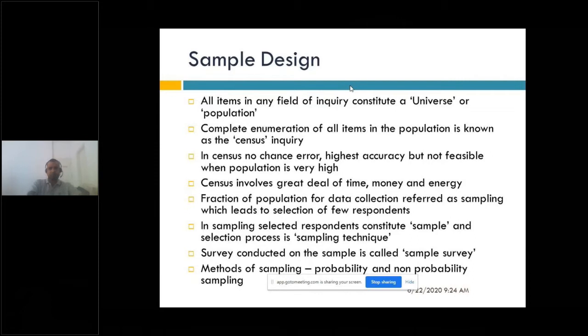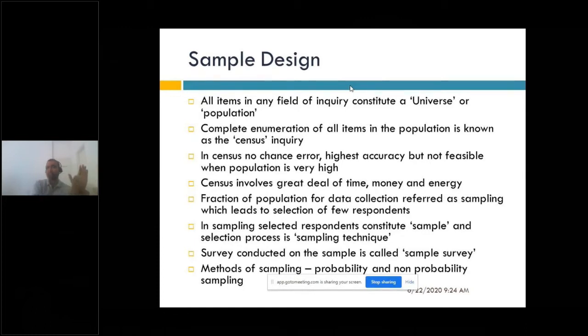But one thing I will make clear at this point: people sometimes insist that random sampling is better. There is nothing like better or worse when we talk about sampling methods or techniques. It depends on our situation, on which particular type of sampling should be used.